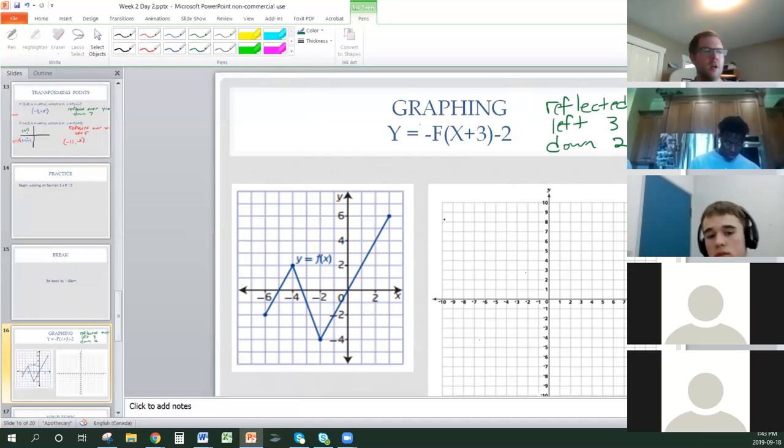So what we're going to do here is I'm going to give each of you a point, a coordinate. Okay, so Noah, you are going to be this point, -6, -2. And in a minute, you're going to be walking us through how we reflect it over the x-axis and then move it left 3 and down 2.